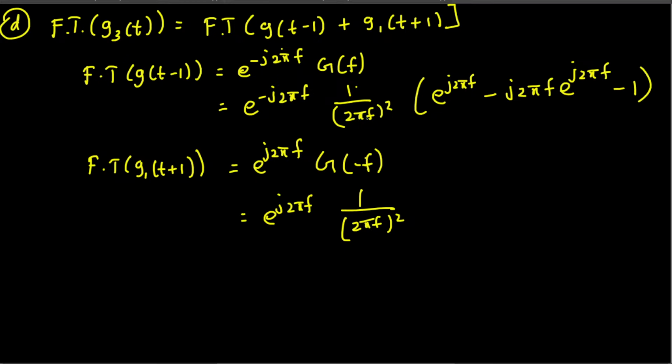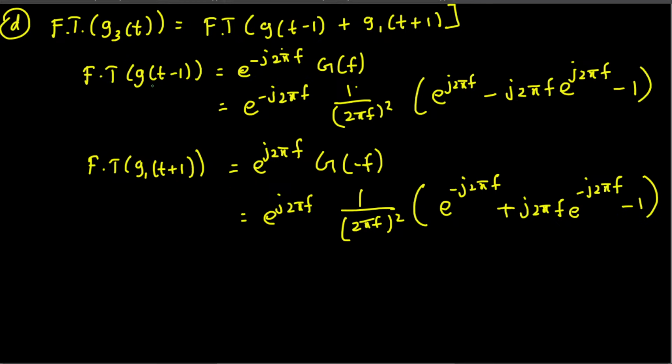We keep the first one positive because we have a square here, and this one is e power minus j 2 phi f, and this one became plus, and then j 2 phi f e power, and this one became minus j 2 phi f, and then a minus 1. Okay, so that is the Fourier transform of g1 of t plus 1.